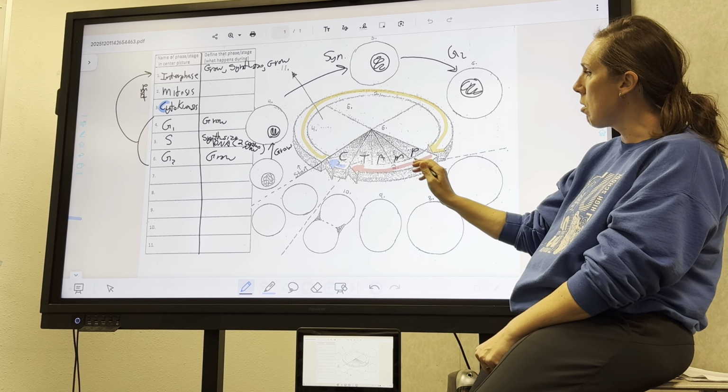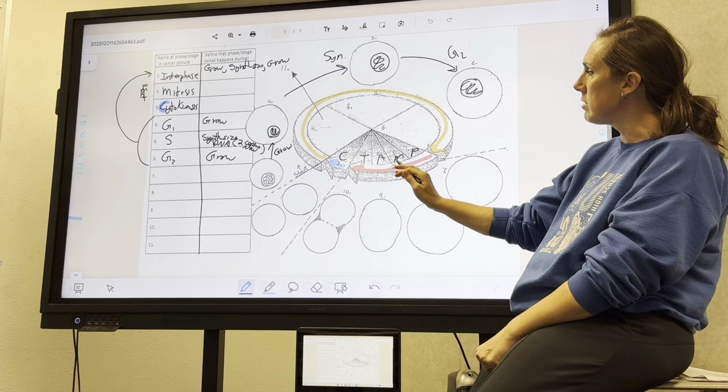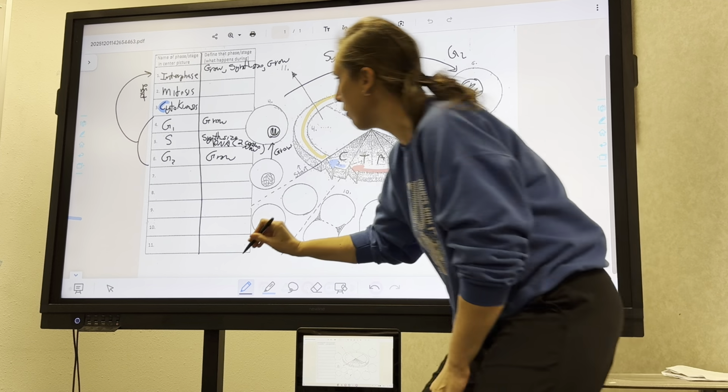Okay, so now let's go back to the prophase, metaphase, anaphase, telophase. So 7 is prophase.